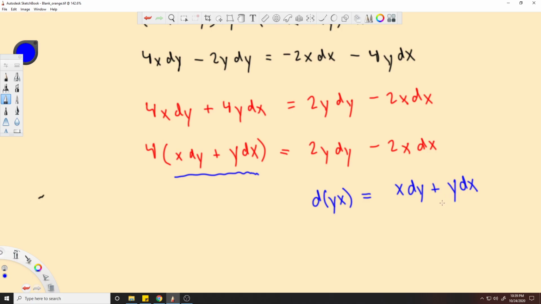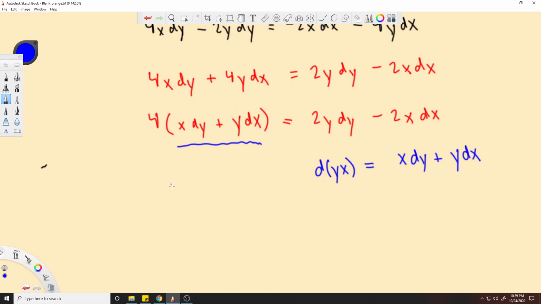And I may prove that at the end of the video, or you can find this yourself online. There are people who've done proofs of this, or you can just take it to be true. So 4 d(xy) equals 2y dy minus 2x dx.